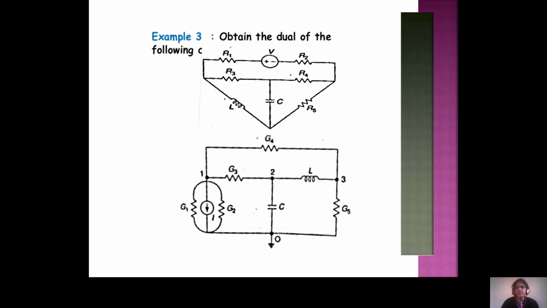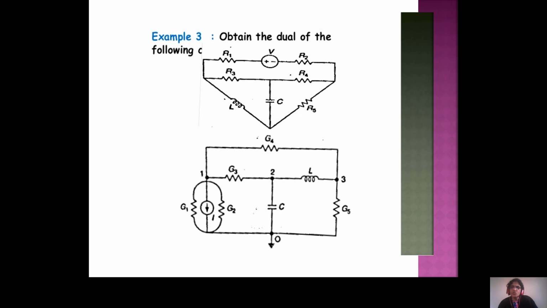Another example: obtain the dual of the following. Here also 3 nodes must be there, and another one, 0. So 1, 2, 3.